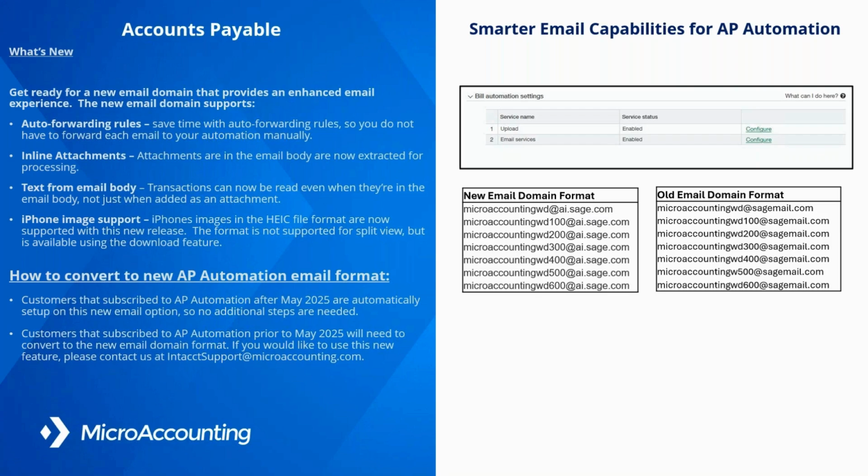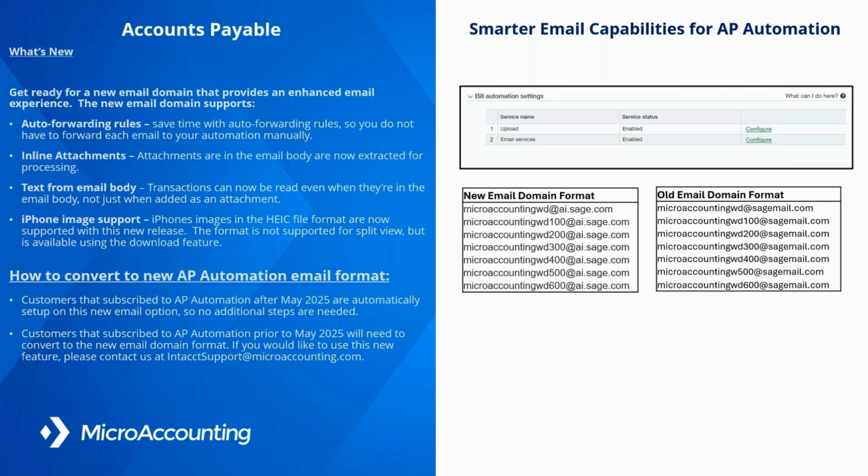So what that means is if, let's say I have multiple AP email accounts and it comes in, I can create a rule that says, hey, if the email is coming from WD100, I want it to go to WD100@ai.sage.com. So now by migrating to this new email format, we can support those forwarding rules, and that's really cool.